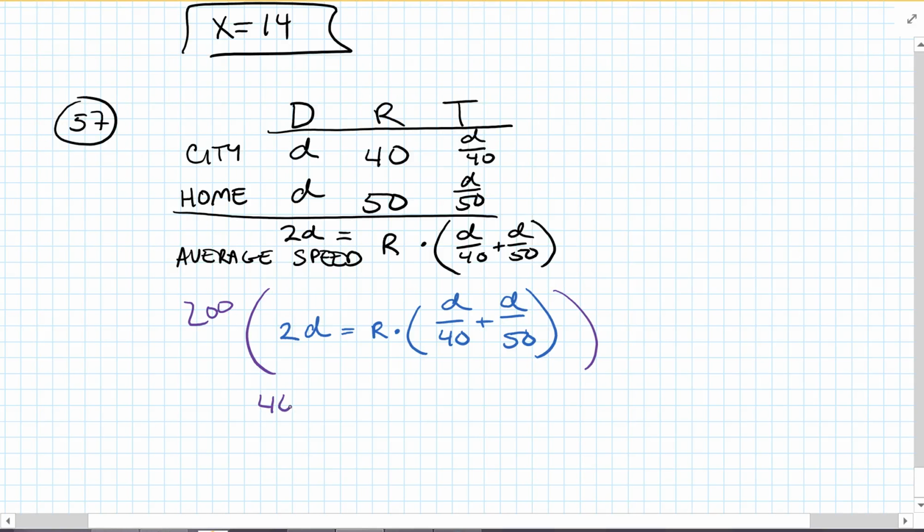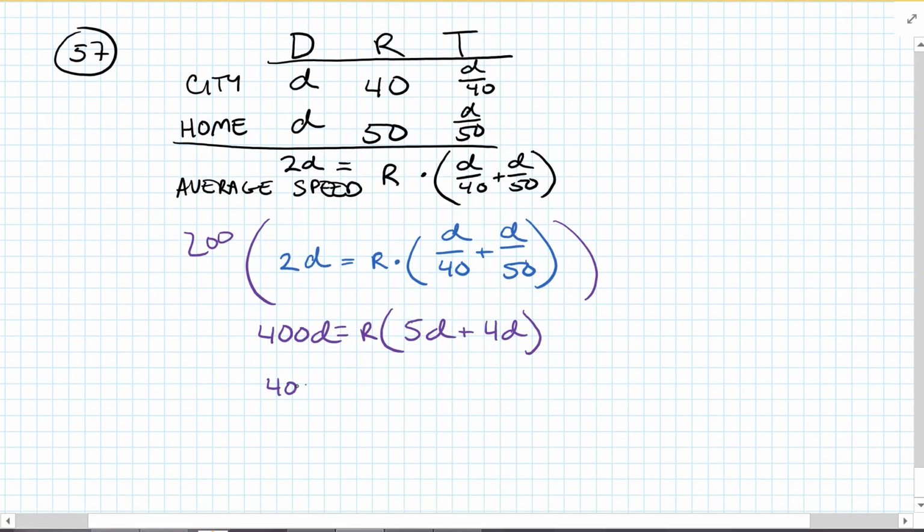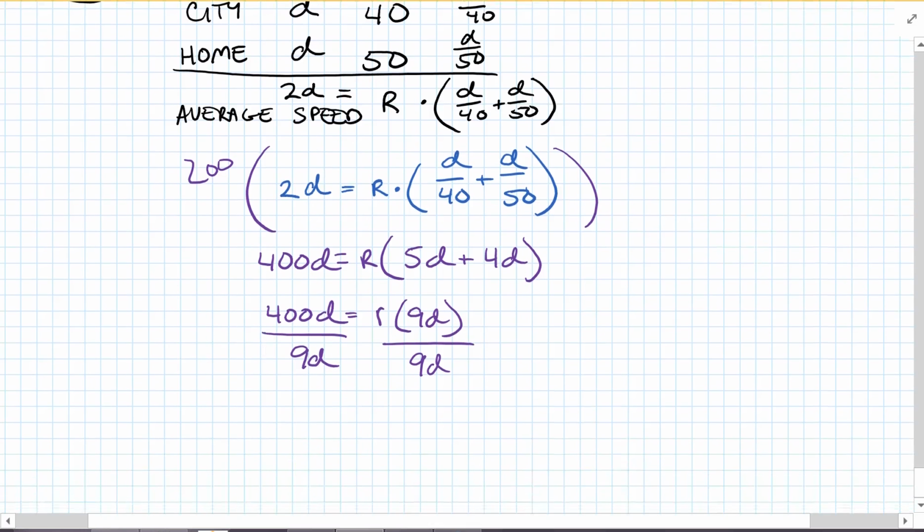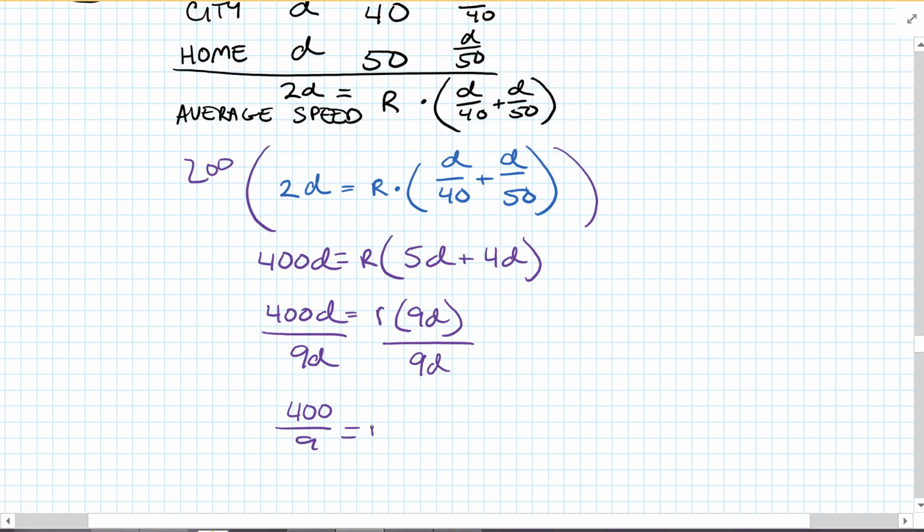So that's going to be 400D, which equals R times, I'm going to go ahead and distribute the 200, 5D plus 4D. So I get 400D equals R times 9D. So divide each side by 9D so we can get our rate. So we get 400 over 9 equals our rate. So our rate is 44.44, and that's going to be in miles per hour.